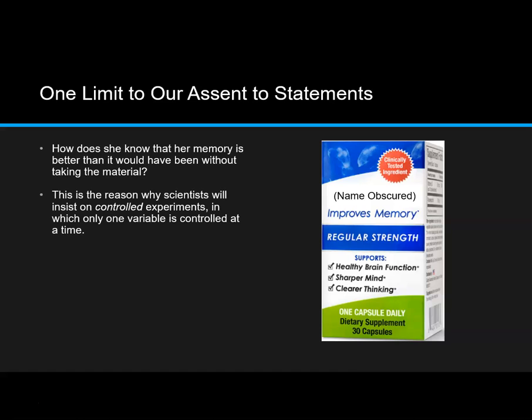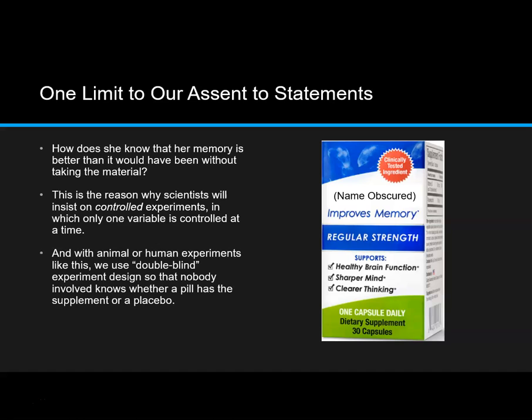Well, this is the reason why scientists will insist on controlled experiments in which only one variable is controlled at a time. And with animal or human experiments like this, we use double-blind experimental design so that nobody involved knows whether the pill has the supplement or a placebo.